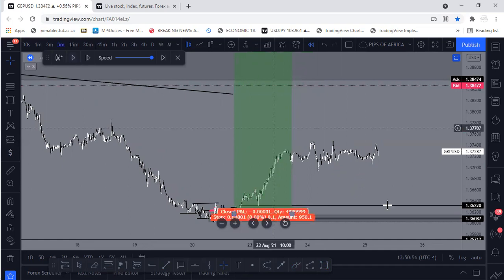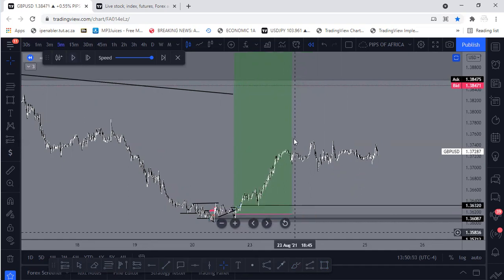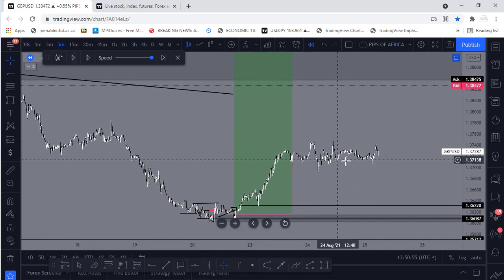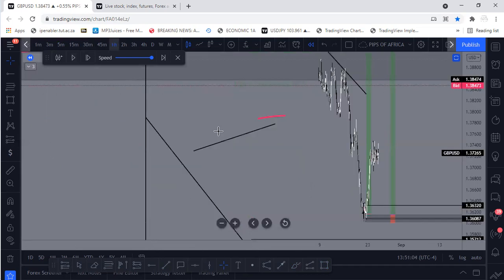You see, the price might be reaccumulating here. So let's go to the 1 hour time frame to speed up the process.